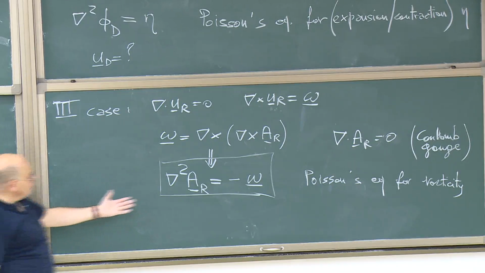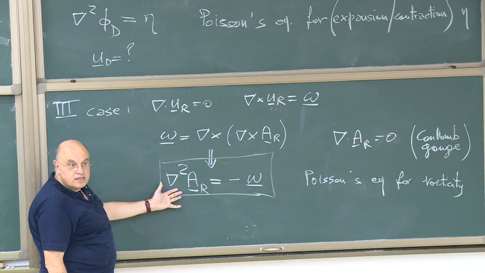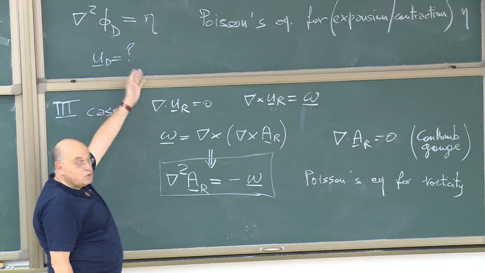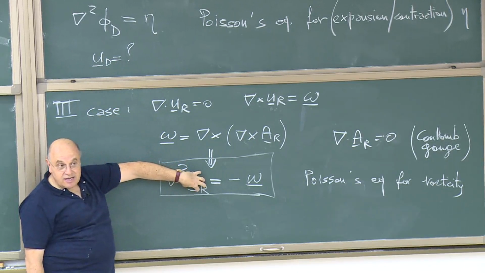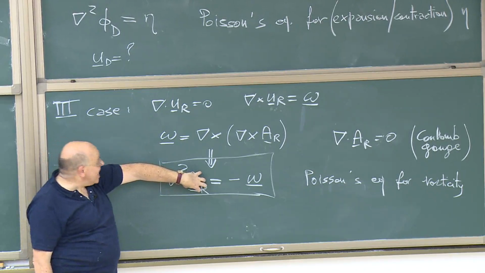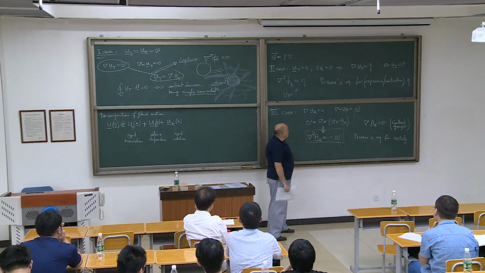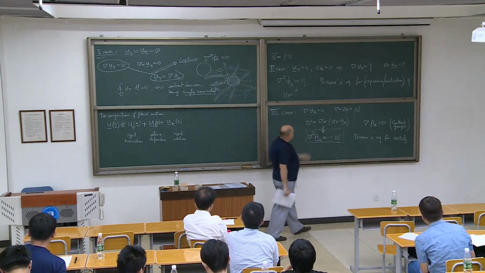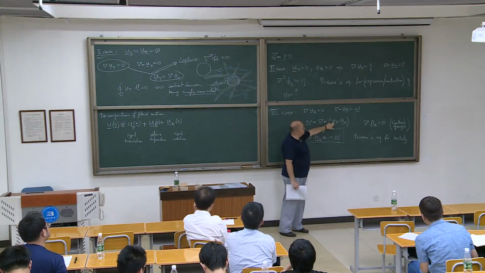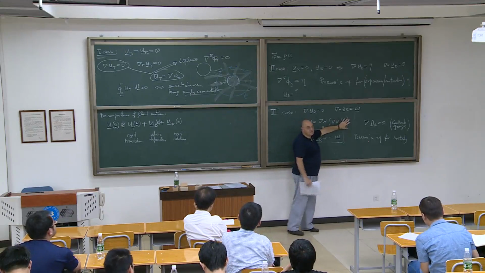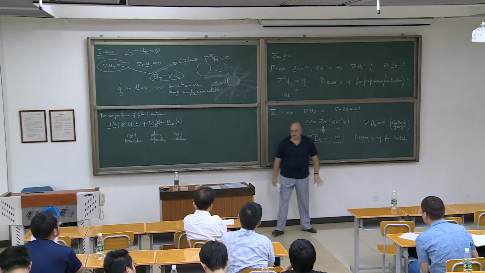So we want to solve this equation, or that equation. We want to find A in 3 components. And once we get A, it's somehow easier because we just have to differentiate A in order to get U. This is easy. It looks awful, but it's easy.